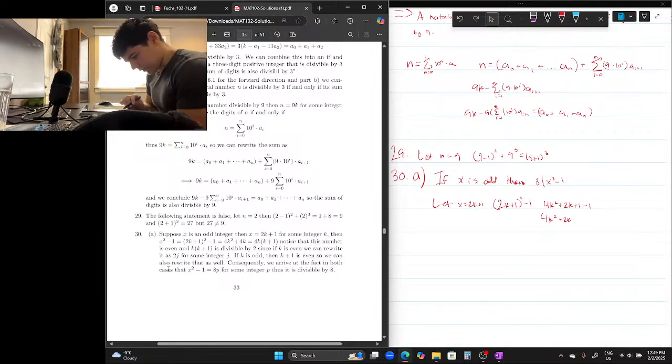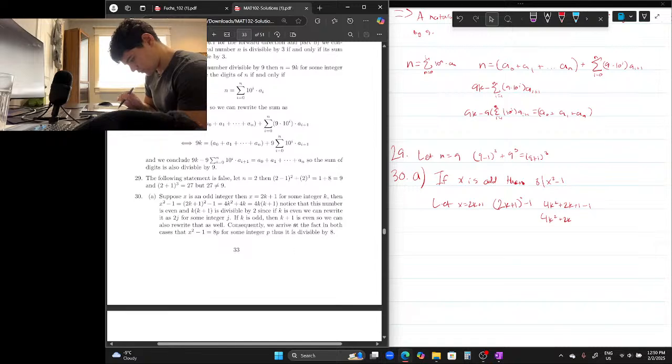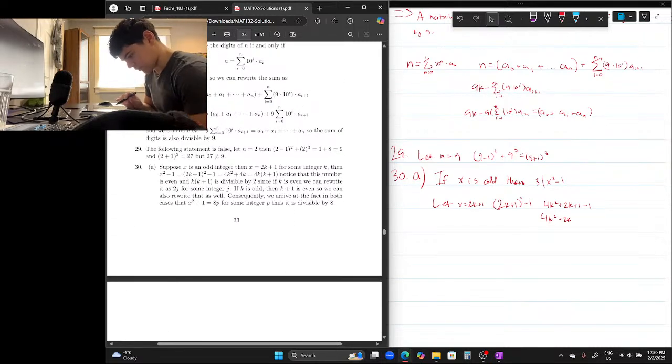Notice that this number is even and k plus 1 is divisible by 2. Okay, understandable. Wait. If k is odd, then k plus 1 is even.